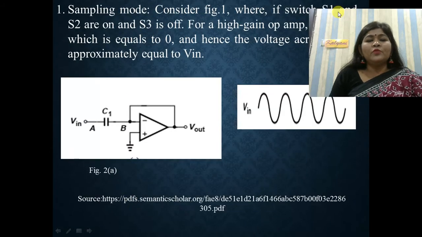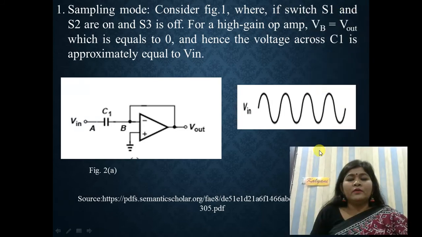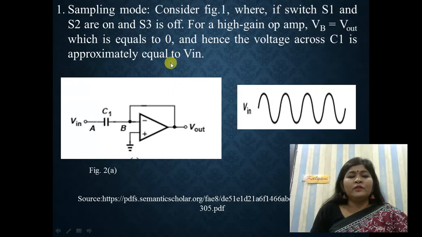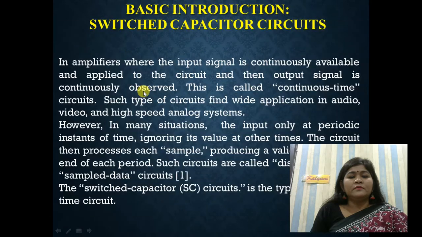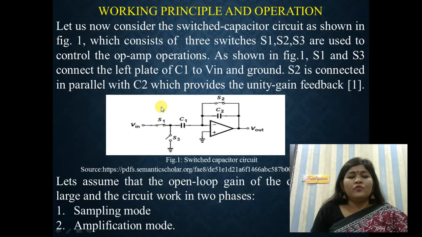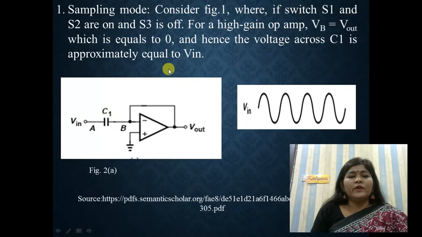In sampling mode, as shown in figure 1, there are switches S1, S3 and S2. In sampling mode, switch S1 and S2 are on and S3 is off. For a high gain op amp, VB equals Vout, which equals 0. Hence, the voltage across C1 is approximately equal to Vin.